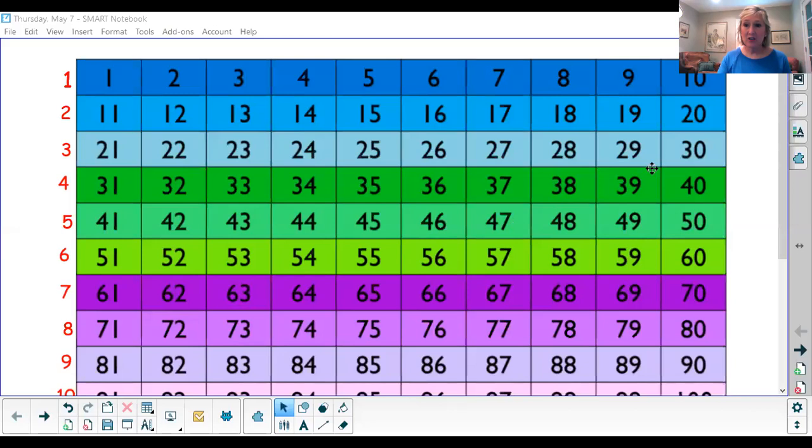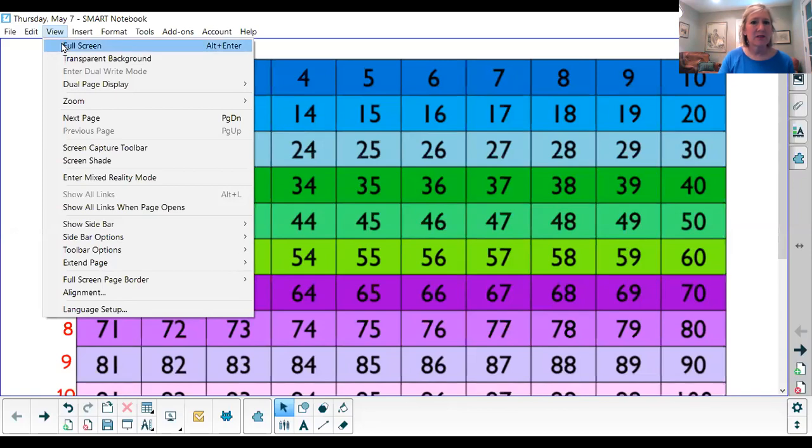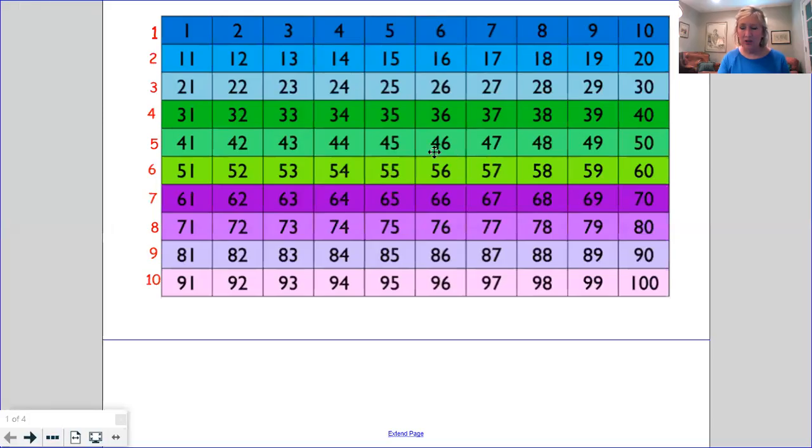So let's just quickly review. I'm going to share my screen, and I just want to remind you that a 100 chart has 100 boxes or squares. These are more like rectangles, as I told you the other day. Let me see if I can make this full screen so you can see the whole hundreds chart.